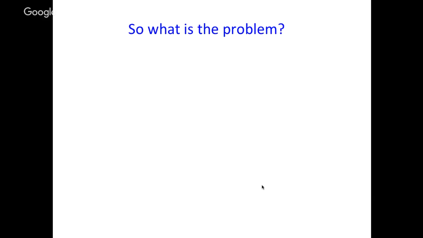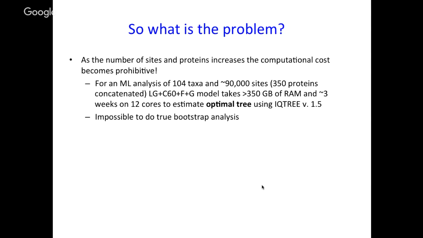So you asked, what is the problem? Why can't we just use the mixture models that have been introduced? What has happened is that the number of genes and the number of taxa available from diverse corners of the tree of life has increased dramatically with next generation sequencing. And as we try to get more signal and get larger and larger concatenated data matrices, these mixture models become computationally infeasible.